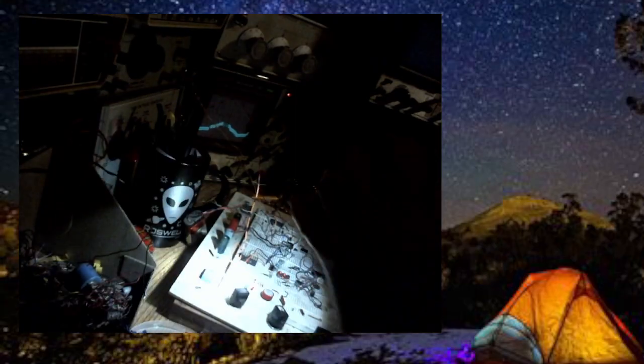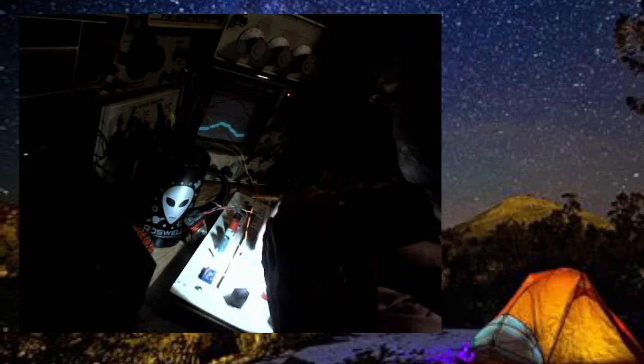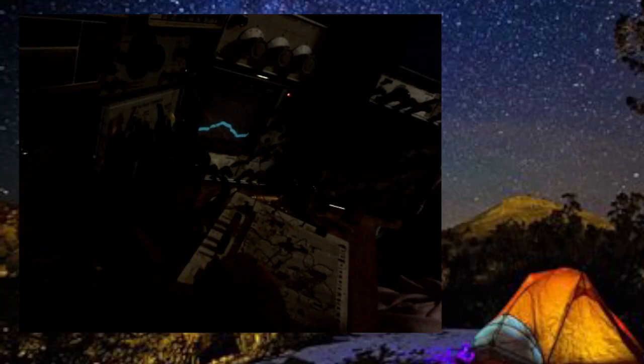So if I want to do normal bias on this thing, I would point that to ground, which is here. Now that should be normal bias when I turn this on.